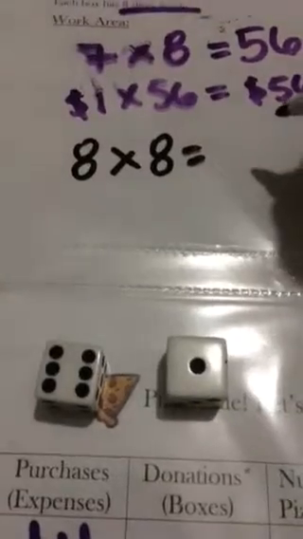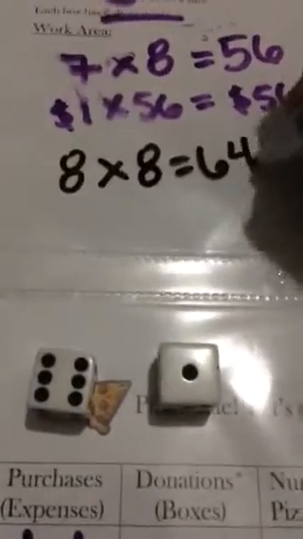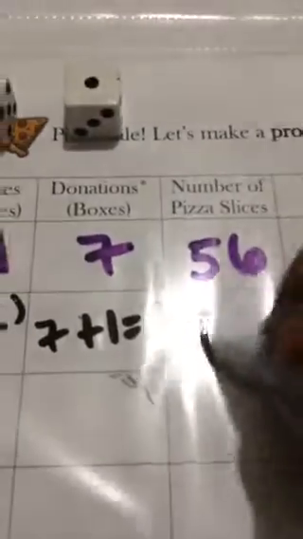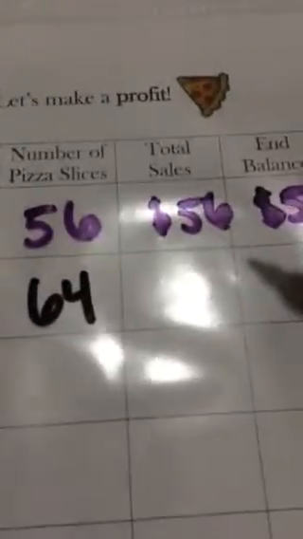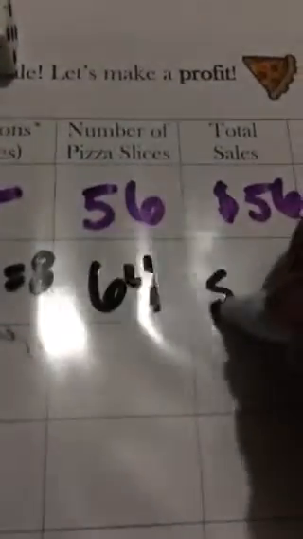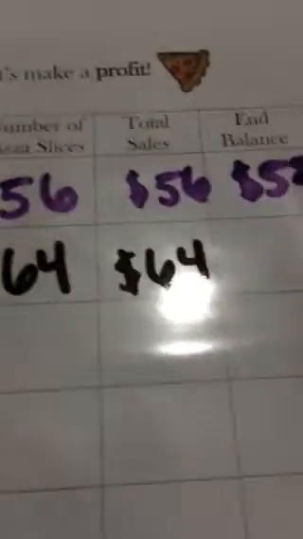I know that I had 8 boxes in total, times 8 slices. So 8 times 8 is 64. So I have 64 slices in total.